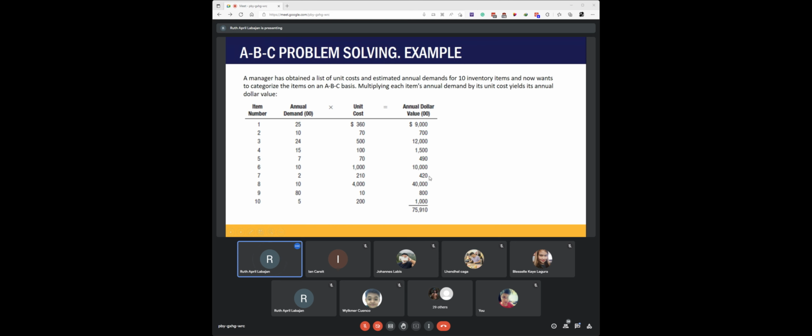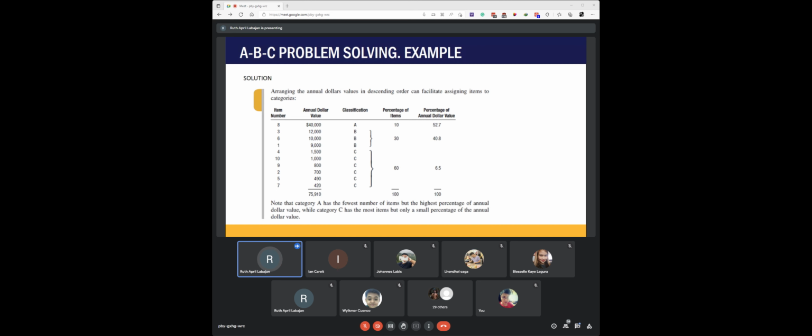Okay? So, in order for you to classify the items, you have to arrange them according to the annual dollar value from highest to lowest. So that's why here you have $40,000, then followed by $12,000, $10,000, $9,000, and so on up to $420.